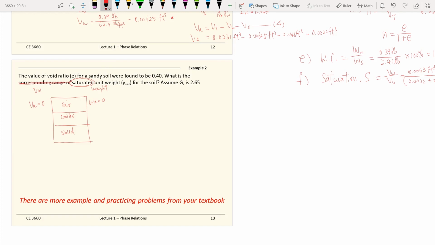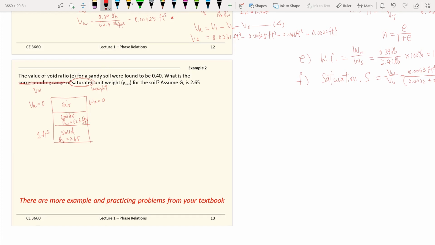So we can assume the volume of the solid is equal to 1 cubic feet. Now this is all the information we have. We also know that G sub S is equal to 2.65, and we always know the unit weight of the water, so we can take advantage of those two pieces of information, which is equal to 62.4 pounds per cubic feet.